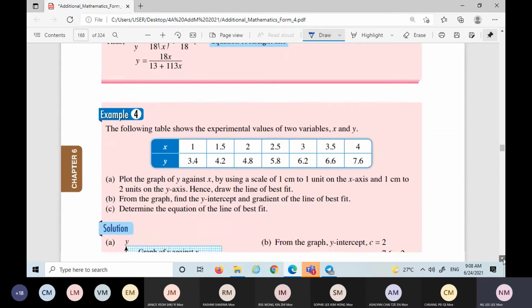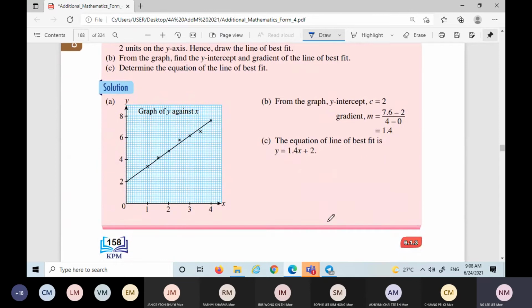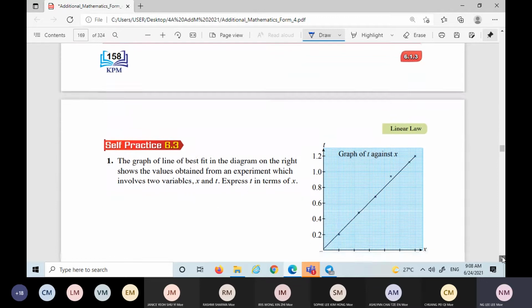We see others. This one. Same thing, 3 points do not fall on the line, 2 points above and 1 point below. This one also we say is a line of best fit.